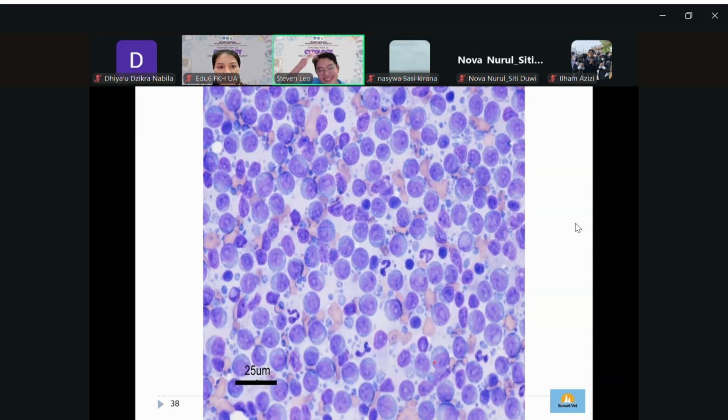Okay, the easy way. If I say there are granules, what cells do you think, from the round cells, have granules? Mast cell tumor.